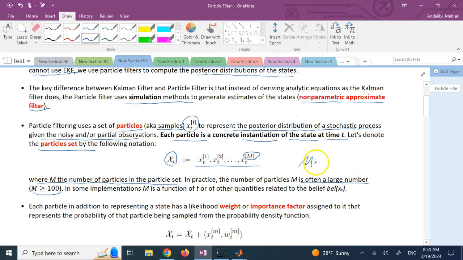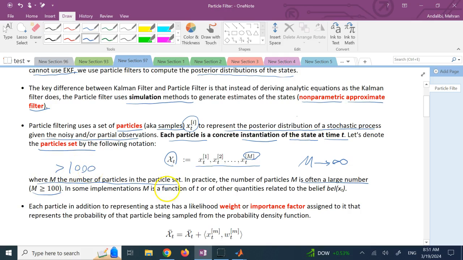And as this m approaches infinity, your approximation becomes close to perfect accuracy, but you cannot do that. So in many simulations, we use a large number of particles, more than 100, and most of the time actually more than 1,000 particles are used to do a good job.